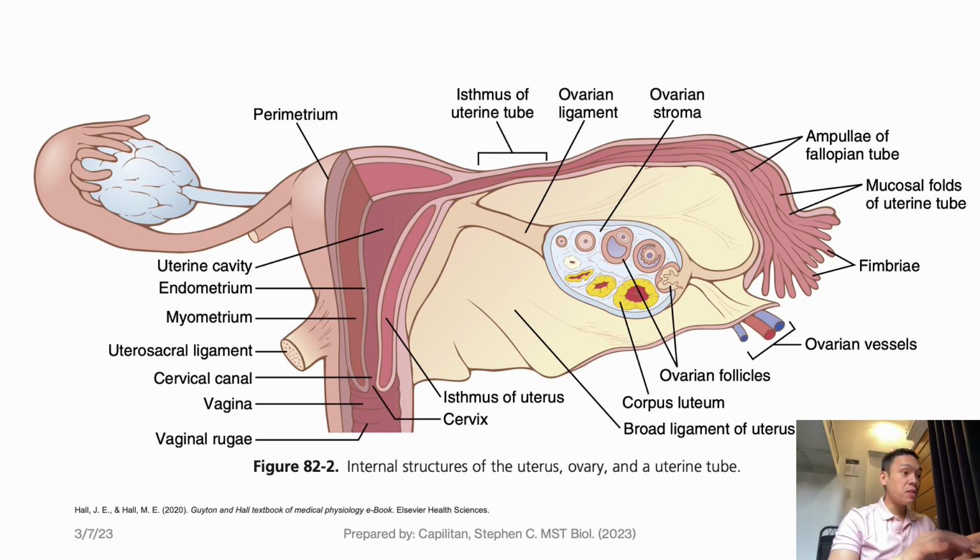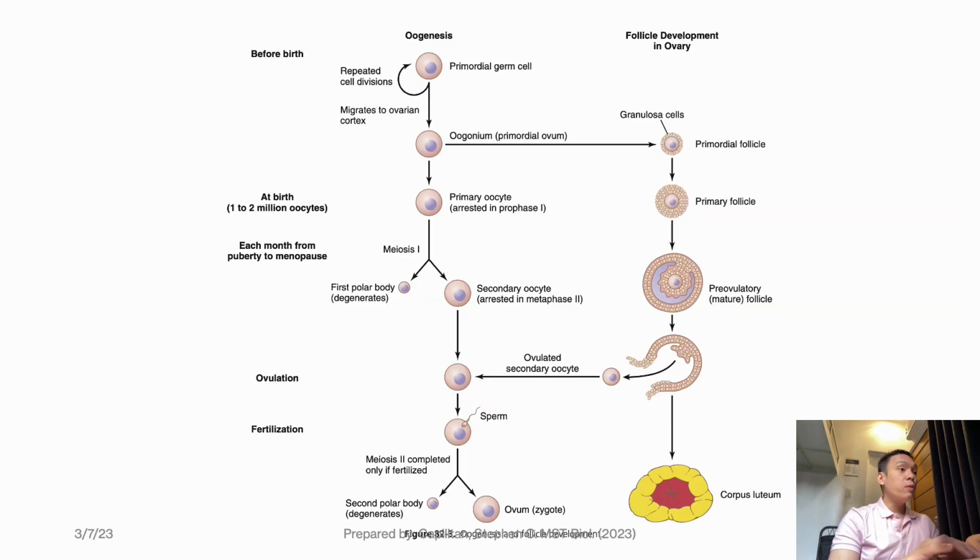With the internal structures of the uterus, ovary, and the uterine tube, we have here the perimetrium, the uterine cavity, endometrium, myometrium, uterosacral ligaments, the cervical canal, the vagina, the vaginal rugae, cervix, the isthmus of the uterus, broad ligament of the uterus, corpus luteum, ovarian follicles, ovarian vessels, fimbriae, mucosal folds of the uterine tube, ovarian stroma and ligament, and the ampulla of the fallopian tube. Later on, we'll discuss what roles these anatomical parts play in preparation for pregnancy and the female hormones.